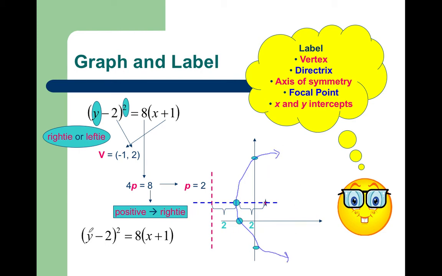Make y equal to 0, and you have negative 2 squared is equal to 8 times x plus 1. Don't distribute the 8. Trying to get x by itself, 4 is equal to 8 times x plus 1. Divide both sides by 8. You get a half is equal to x plus 1. And now subtract 1. X is equal to negative a half.